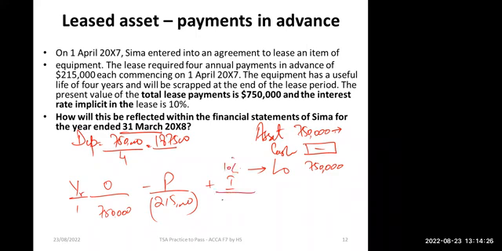And the obligation at end will be 588,500.